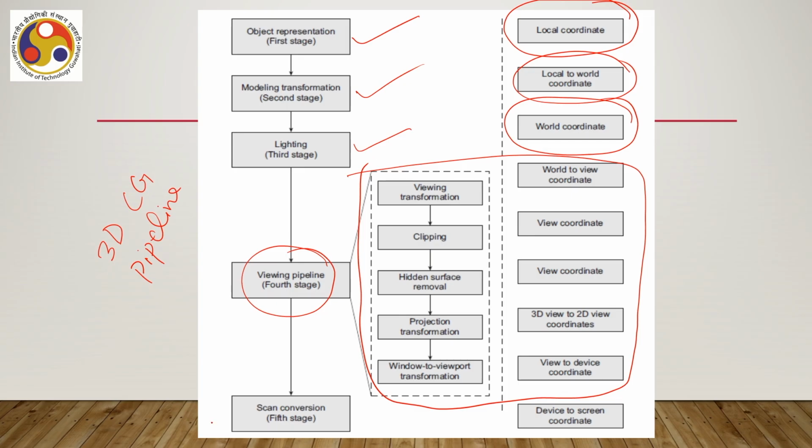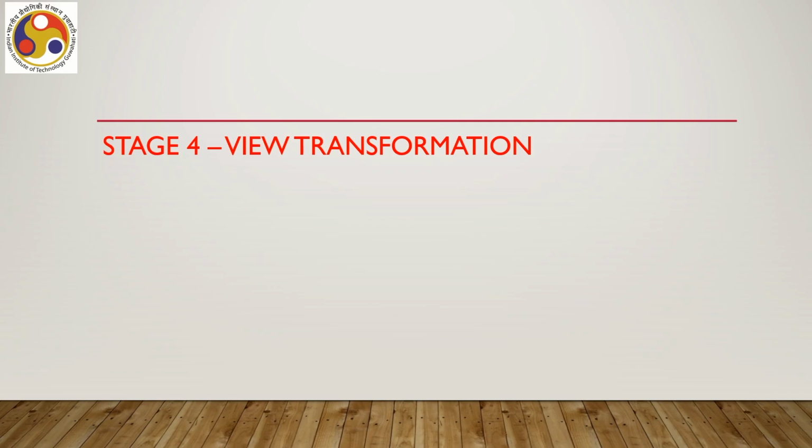And later on we will cover the scan conversion. So, let us get the idea of the fourth stage, that is view transformation. Here again our emphasis will be on giving you the basic idea rather than going into the intricate details. So, we will try to confine our discussion to a bare minimum level.